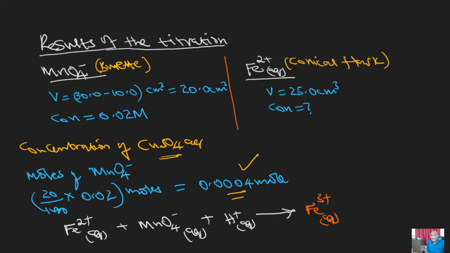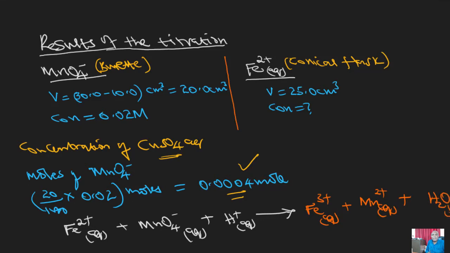Why? Manganate 7 is an oxidizing agent. It oxidizes iron 2 to iron 3. Then itself is reduced to manganese 2 ions and water.